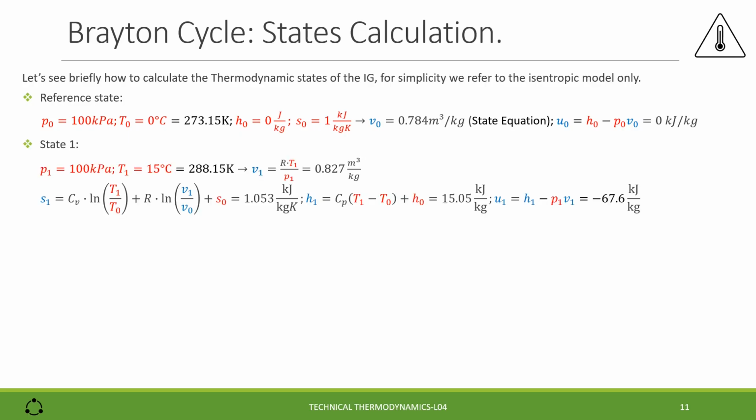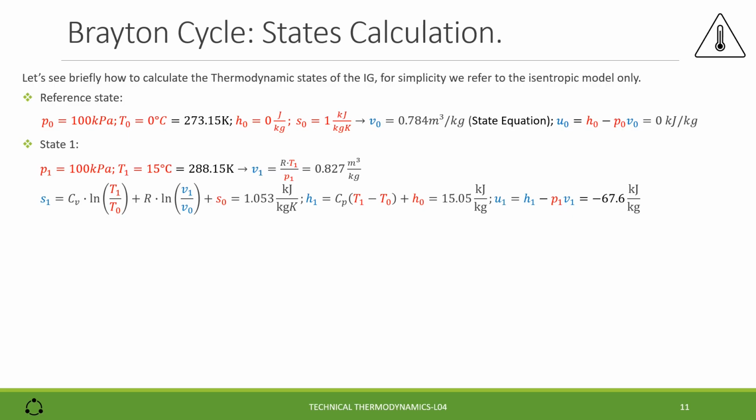For the state 1, we assume to know the pressure and the temperature, respectively 100 kPa and 15 degrees. As a consequence, we calculate the volume using the state equation, the entropy using its definition by means of the known quantities temperature and volume, and the reference entropy, as well as we can calculate the enthalpy by using its definition plus the reference value, and the internal energy as we have done for the reference state.